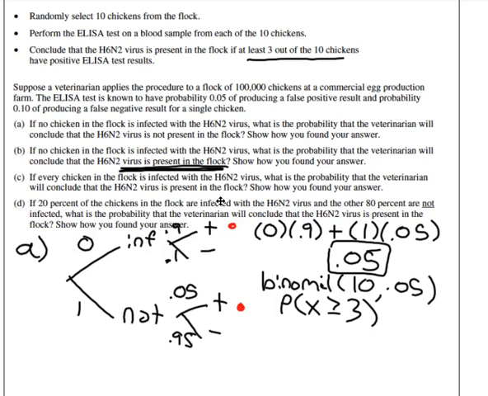Now, if you remember, there is a situation here, right? The calculator doesn't understand that. The program is always in terms of less than, right? So remember, we have to switch this. Being greater than or equal to 3 is the opposite of being less than or equal to 2.